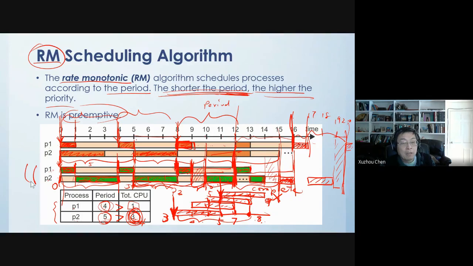Now, for example, like an airplane, you should design the scheduling algorithm so that it makes sure the real-time process is never going to fail. This is going to be a big problem if a real-time process fails, like fly-by-wire.